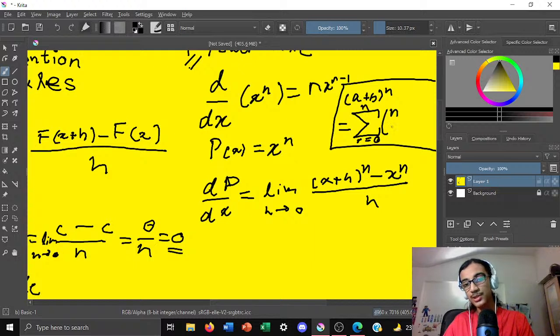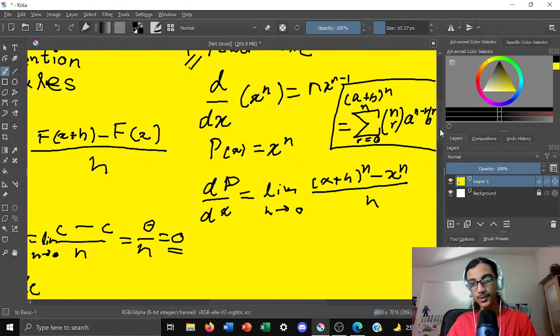This is just a combinations formula, so you're taking n combinations out of r, and there's a formula for it, but trust me, we don't need to worry about this part too much. And we're going to have a to the power n minus r into b to the power r, right?